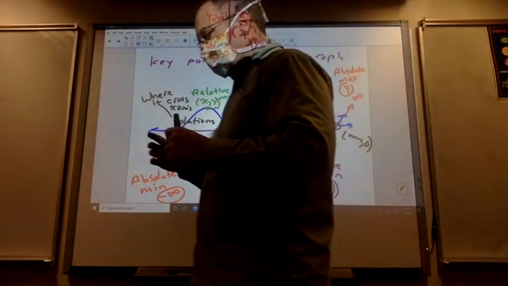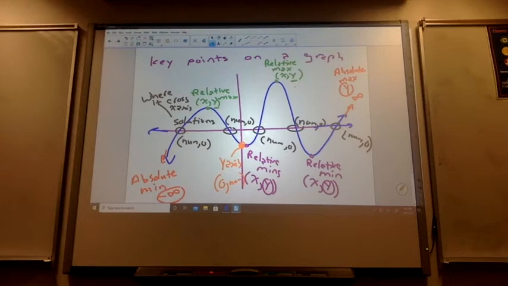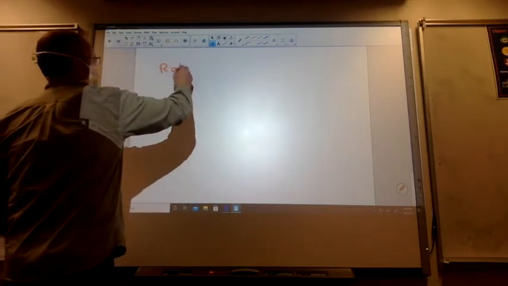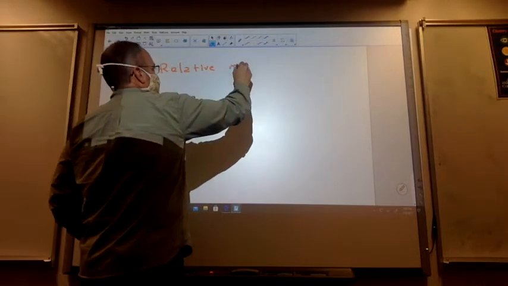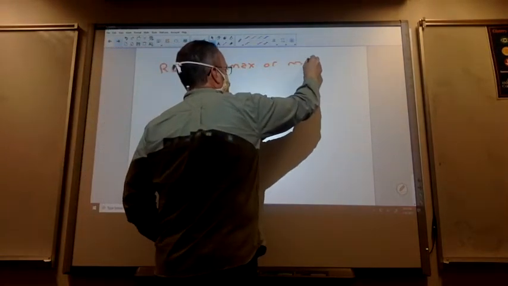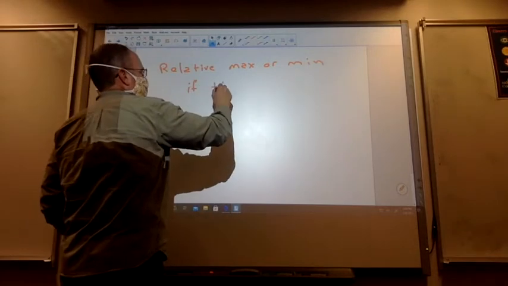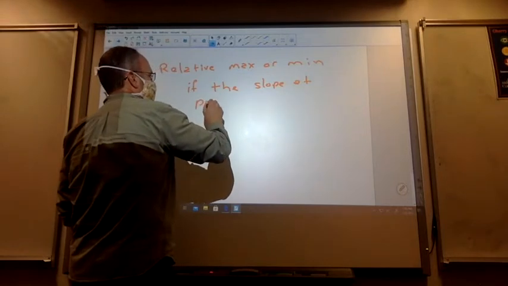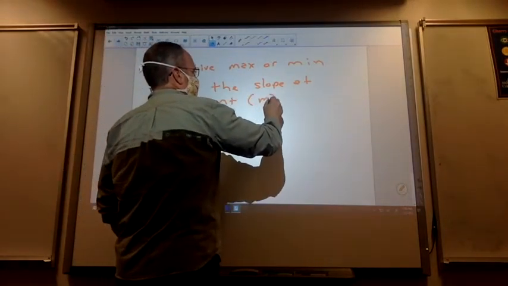Anytime you get to a relative max or a relative min, so the top part or the bottom part, where it changes from going up to down or down to up, you know you have a relative max or min if the slope at that point, so m, is equal to 0.